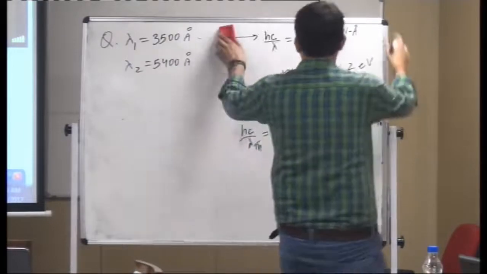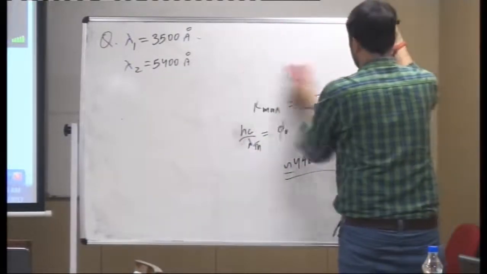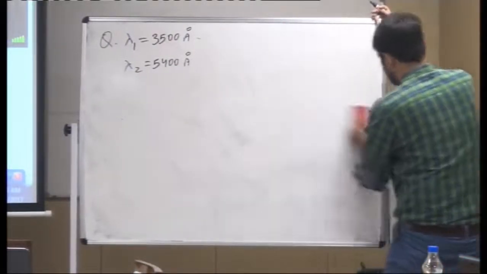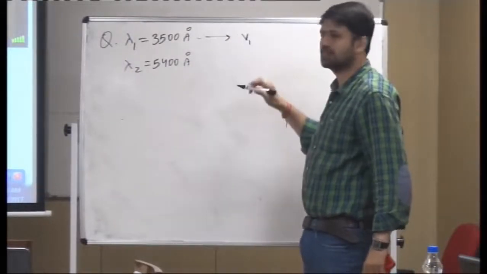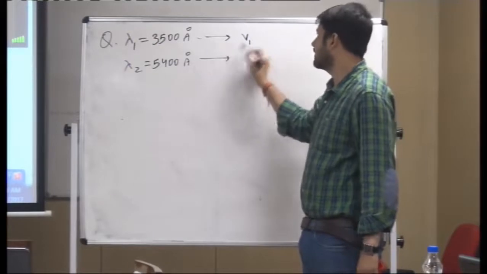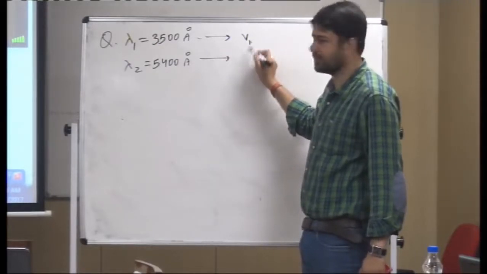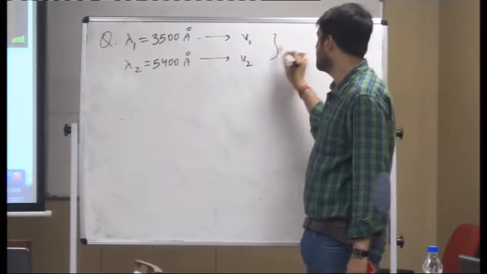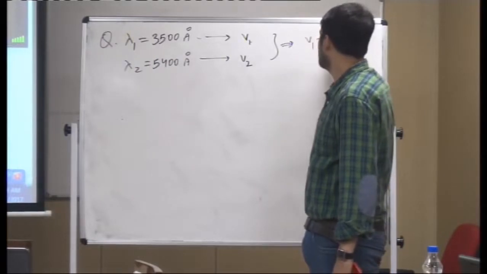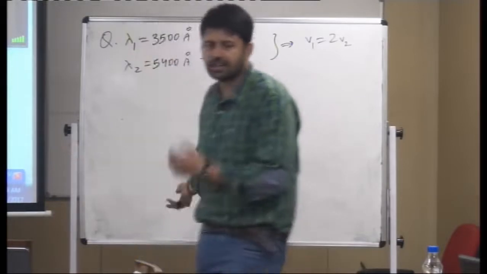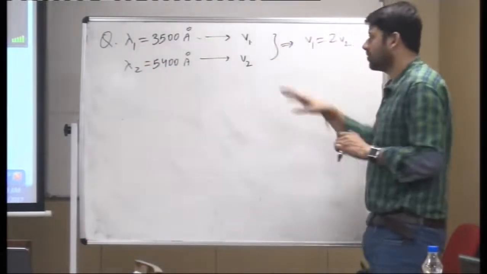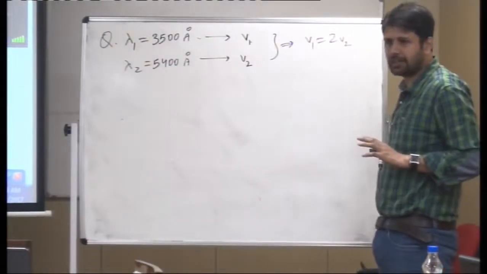Okay. And it was found that in this case, let's say the velocity of electrons was v1, in this case it was v2. The condition was that v1 is 2v2, right? Two different lights of given wavelength are incident on a metal.